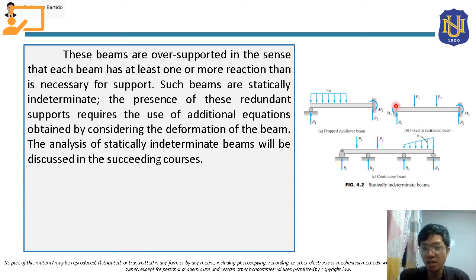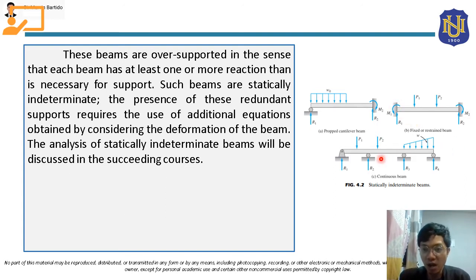Okay, so same here, class, with this type of beam. This type of beam is called a fixed or restrained beam. So this is fixed supported at both ends. Again, class, for the reaction forces and moments here, the equations from equilibrium will not be enough to solve these reaction forces.